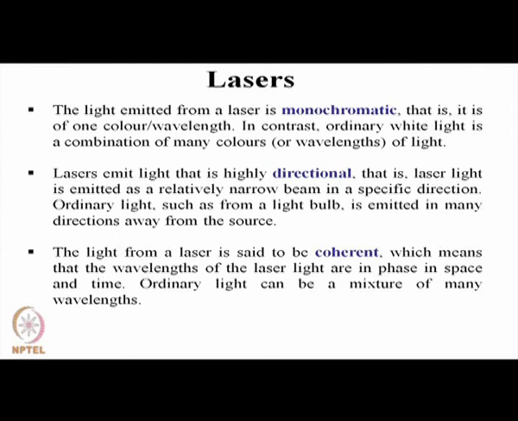Ordinary light can be a mixture of many wavelengths, because as I told you, the standing wave pattern is generated. When this standing pattern remains there, if they do not oscillate in phase, then there will be destructive interference.